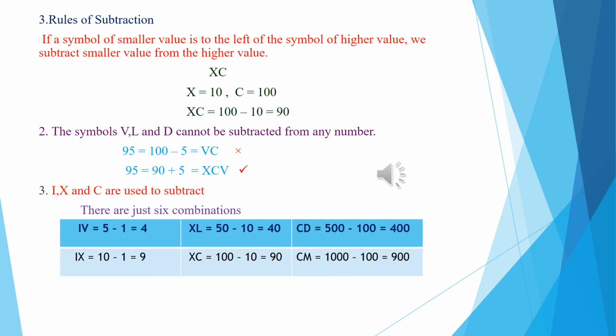XC equals 100 minus 10, which equals 90. CD equals 500 minus 100 equals 400. CM equals 1000 minus 100 equals 900. If you observe in all these cases, the small values are written to the left of higher values and they are subtracted. Hope you all understood the rules of subtraction.